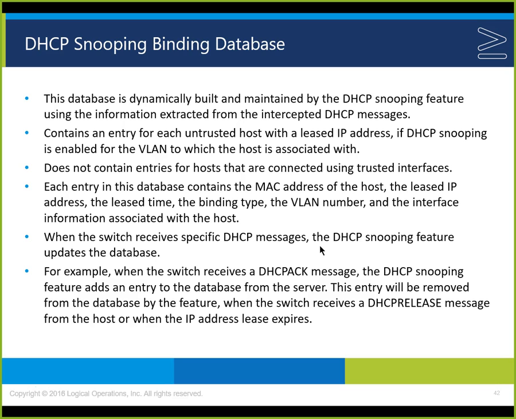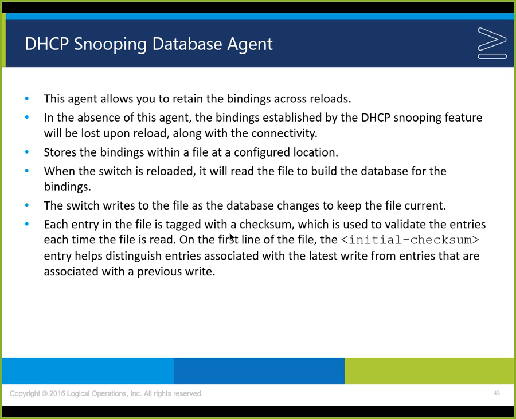The snooping feature updates the database when it receives specific messages. When the switch receives a DHCP ACK message, the snooping feature adds the entry to the database. Those happen automatically. The database agent allows us to retain the bindings across reloads. If we reload, we don't have to save it if the agent is there.